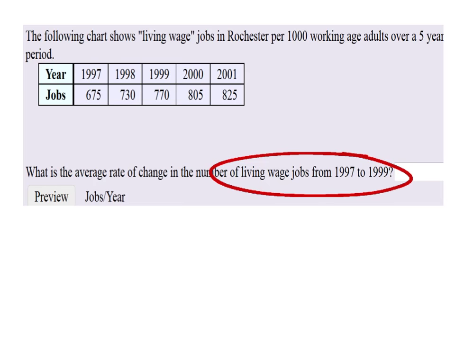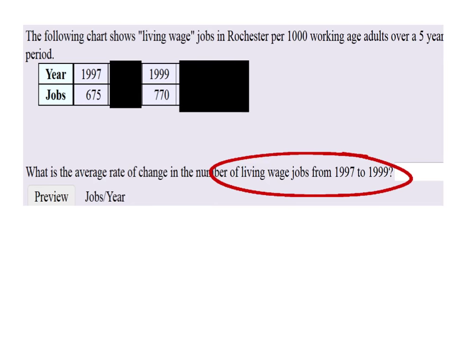What this means is that we could ignore all the rest of that. So I just want 97. See, I can just ignore that other stuff, okay? So all I need to do is, it's like finding slope, but we have to be careful on this one.